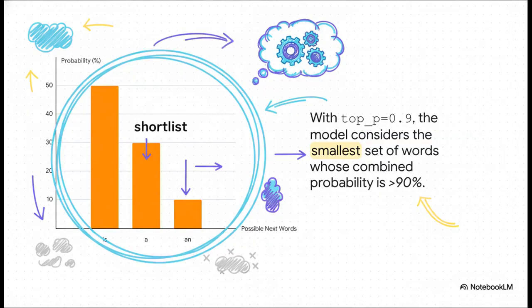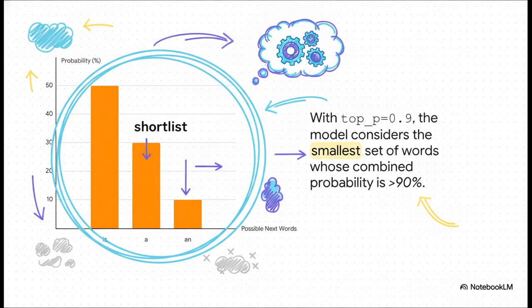Then you've got the other dial, top P. This one works a little differently. If you set top P to 0.9, like we see here, the model makes a short list. It starts lining up the most likely words, like is, and it adds up their probabilities one by one until it hits that 90% target. And then, boom, it throws everything else in the trash and only chooses from that pre-approved list.